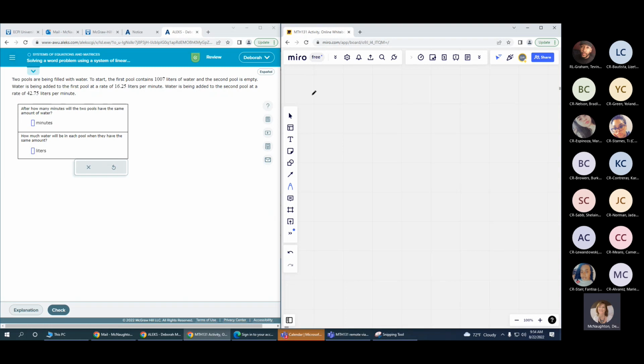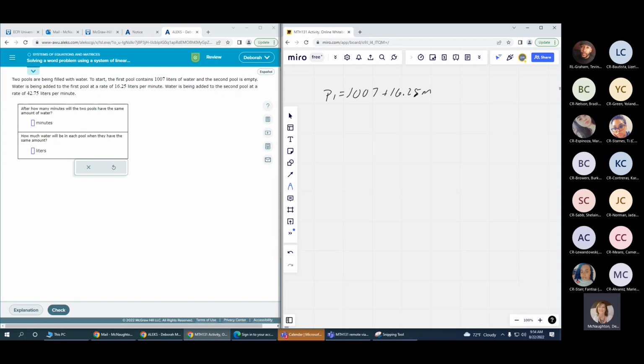Right, so the first pool, pool 1, has 1,007 liters of water, and we're adding water at plus 16.25 liters per minute.